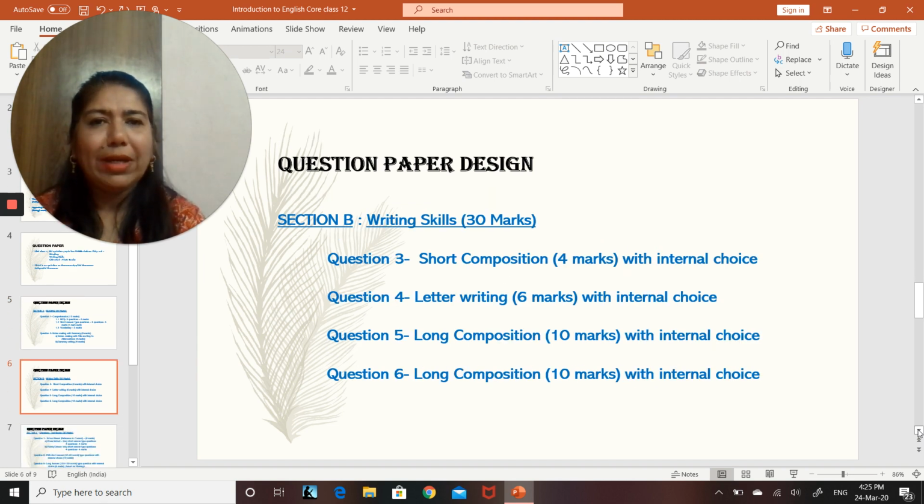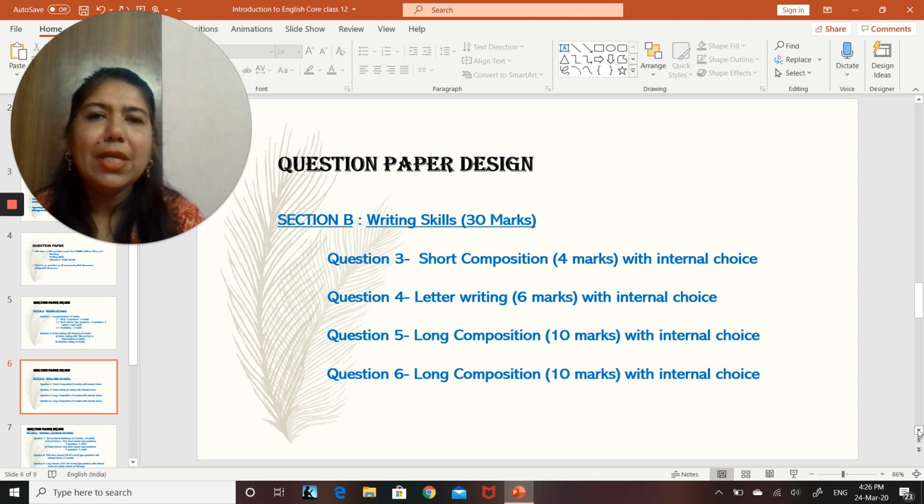Section B, that is the writing skills, has 30 marks. In this section, there are 4 questions. Beginning with the shortest question first, the section begins. So question number 3 is of short composition.